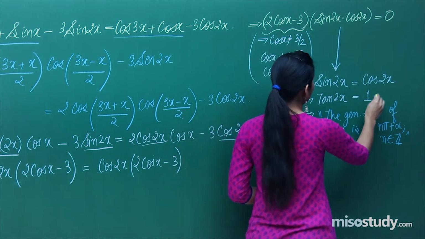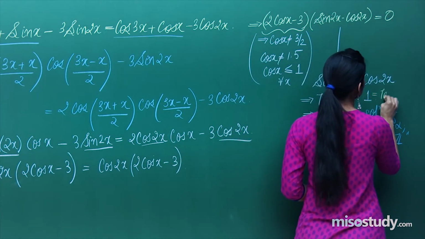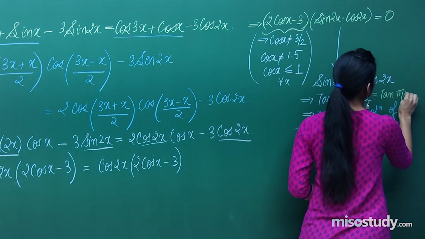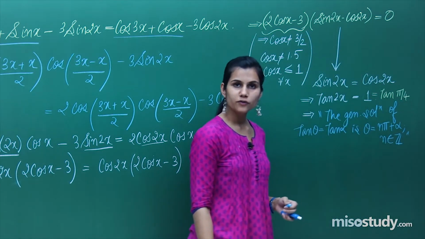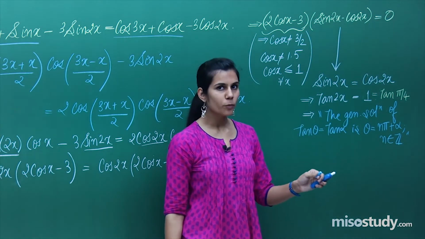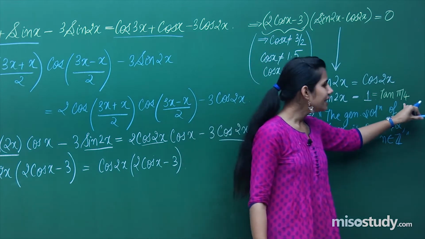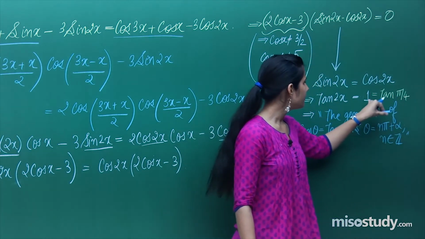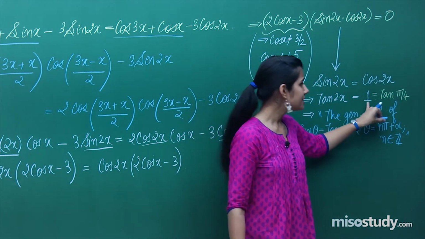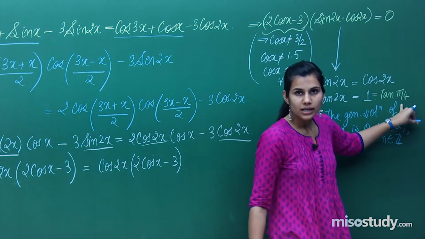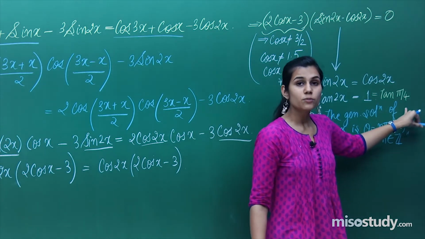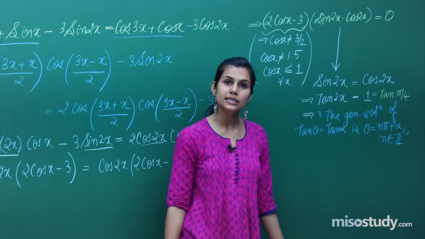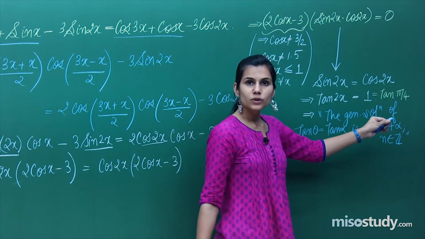And therefore, tan 2x equals 1, which is tan pi by 4. Pi by 4 lies in the principal domain of tan function, which is the open interval minus pi by 2 to pi by 2. And it is the only angle in the principal domain where tan function can be 1. Fine, or I can say this is the smallest positive angle at which tan theta is 1.